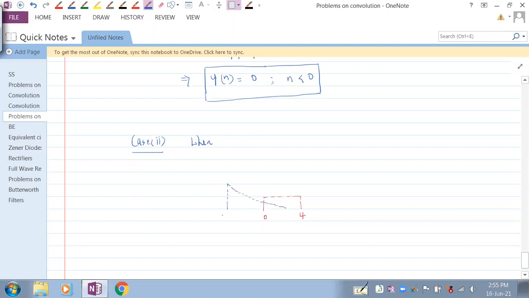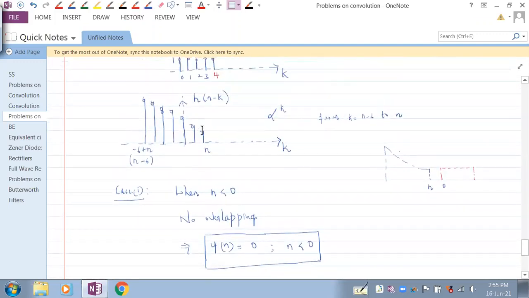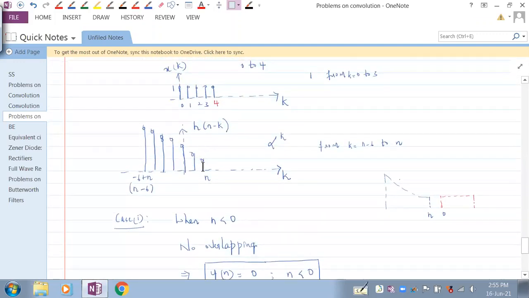Fine. It goes from n minus 6 to n. Everybody understand how we have done that? So this is the moving signal, this is the stationary signal, and this n I am bringing in between this signal. This n is less than 4, and this n is greater than or equal to 4.